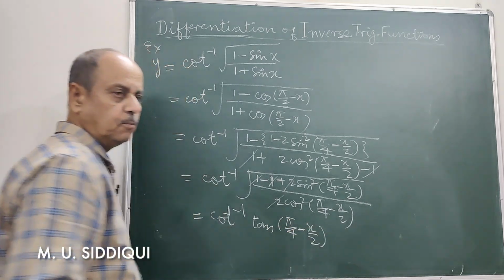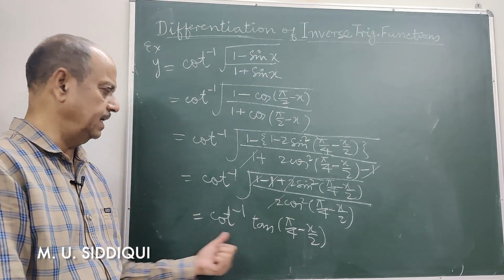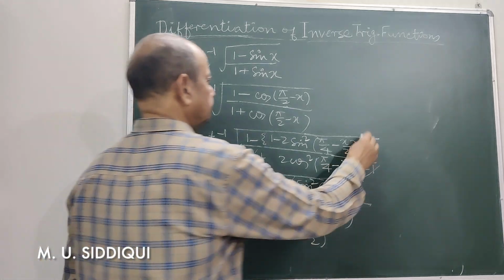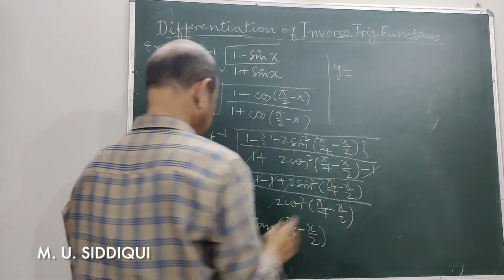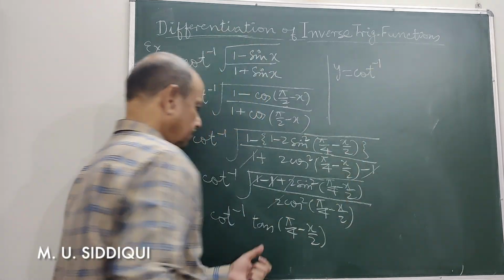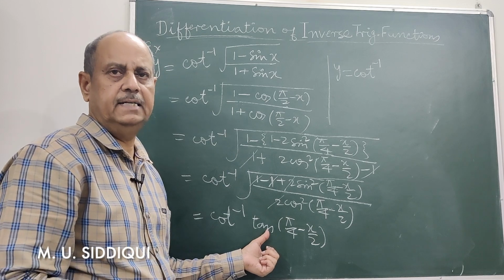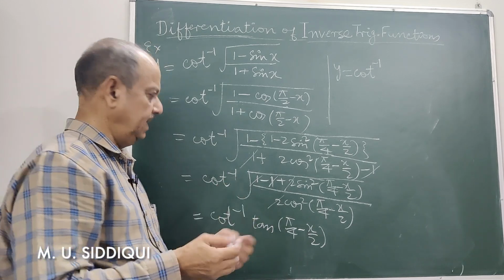Now this is a point where we will learn one more thing, how to convert that tan into cot so that this cancellation takes place. What shall we do? We will write this same y as cot inverse as it is, and in place of that tan you can say cot of 90 degree minus the same angle, or cot of pi by 2 minus the same thing.